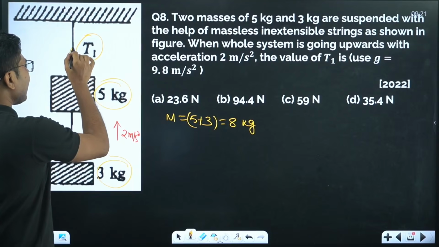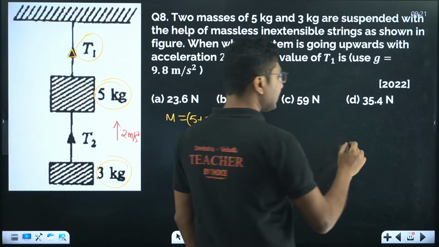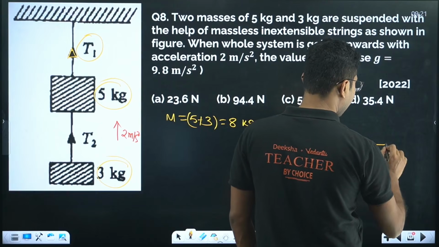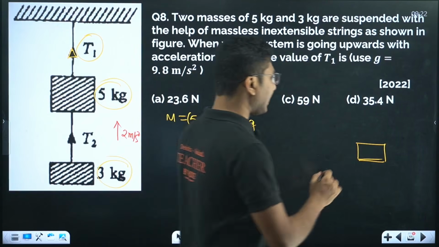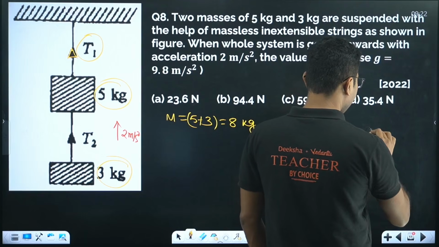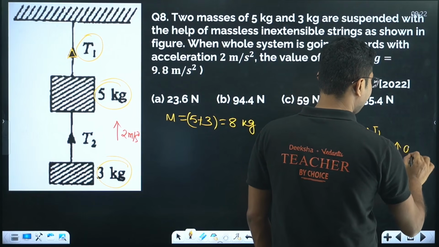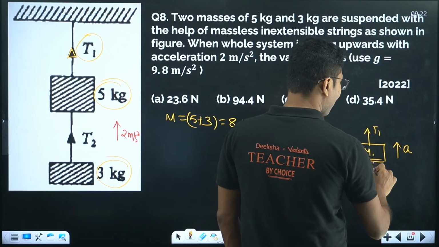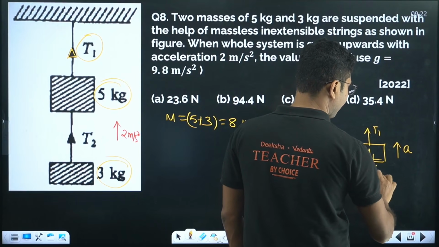The tension should be T1 for the entire object. Now you consider the one object problem. Now your problem becomes only one object having mass equal to 8 kg. The tension here is T1. The object is accelerating upward with acceleration say a, and what else is acting on this? The weight of the object, which is mg.